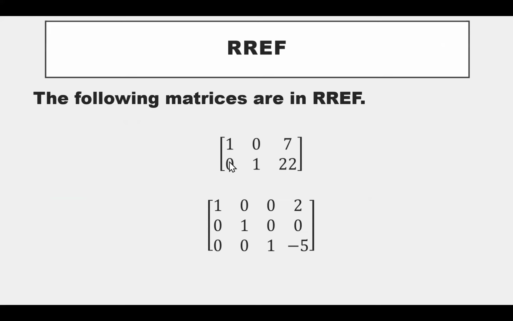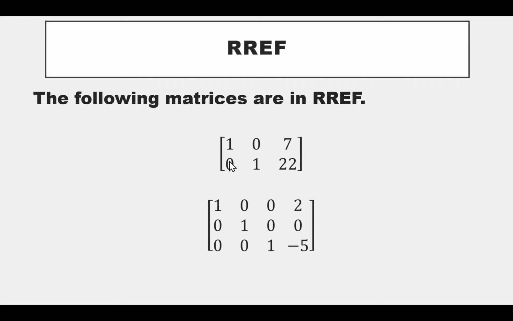So notice this first matrix here. We have a 1 that is one of the pivot positions. When I move down, there's a 0 below it. Notice that the next pivot position is down and to the right. That next one is another lead entry.